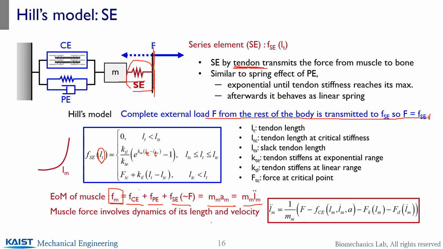So what that means is your muscle length itself has its own dynamics, right? Due to the muscle length, the muscle has inertia, so as the length changes, it's going to be a function of its state variables' derivative, L_M and L_M dot. That's how we make a model from Hill's. That's the Hill's model summary.